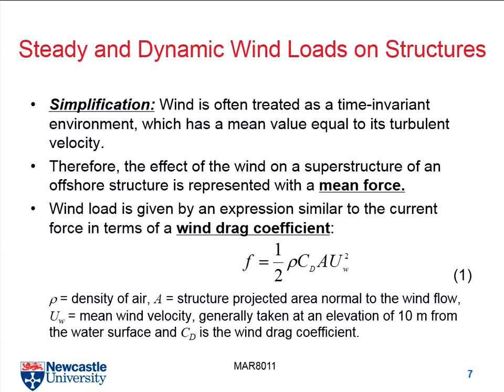Steady and dynamic wind loads on your structure. As we know, from wind we have two parts acting on this structure. If we know the average wind speed and we don't have very specific requirements for your calculation, we can just estimate the pressure. Okay?